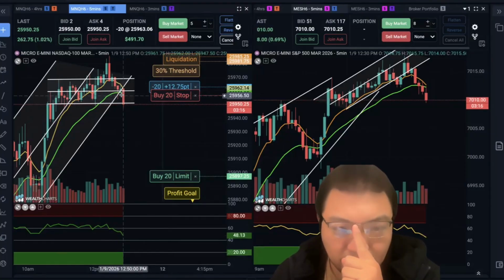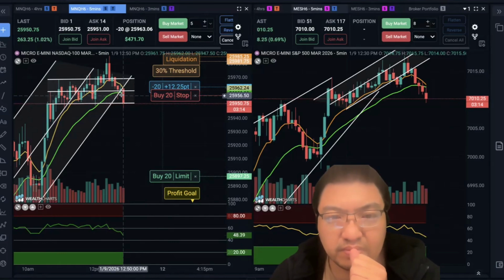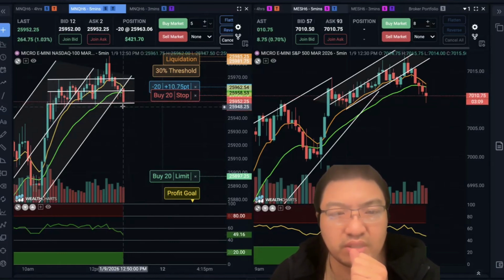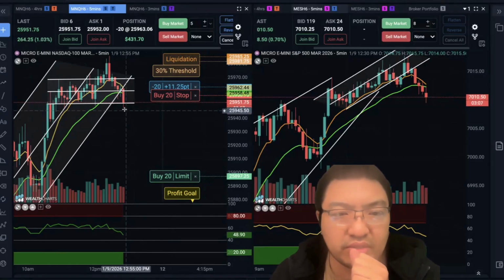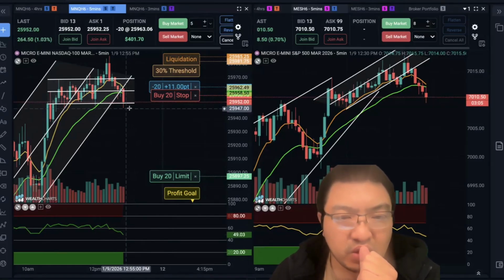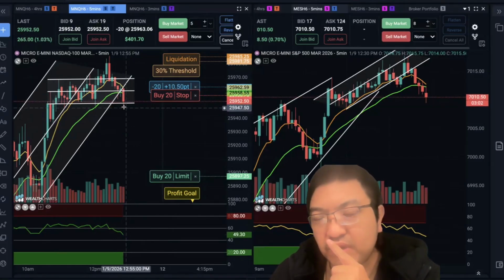At least 200 profit. No, cannot add a position here because it could possibly get rejected here. But let's look at it.